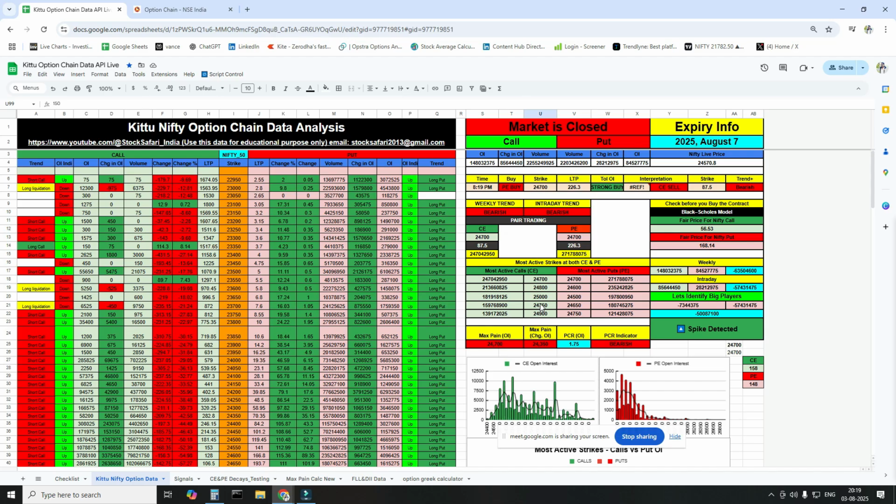So these people will not allow you to go above 750 or 900. 900 is a bit okay, but they will not allow you to go above 750. If the price comes near 24,760, they will again build so many open contracts at 24,750, so that demand and supply come into play, and at the end of the day the market will try to close at 24,740 or 730.